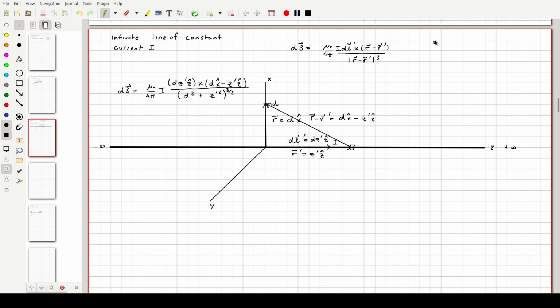So piece number one, and I'm just going to write it over here, is going to look something like dz prime z hat cross d times x hat, d being the distance above. The second part is going to look like dz prime z hat cross a minus z prime z hat.